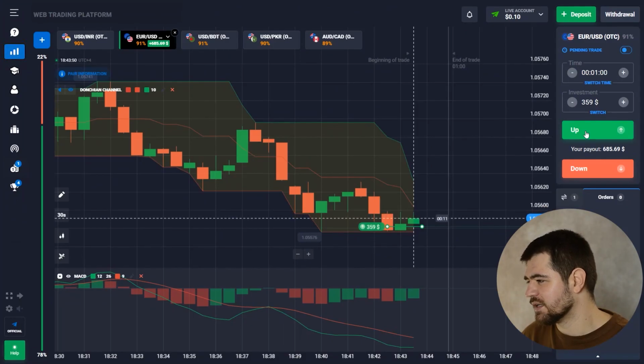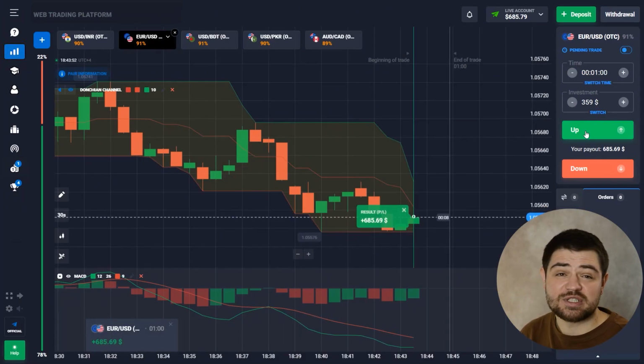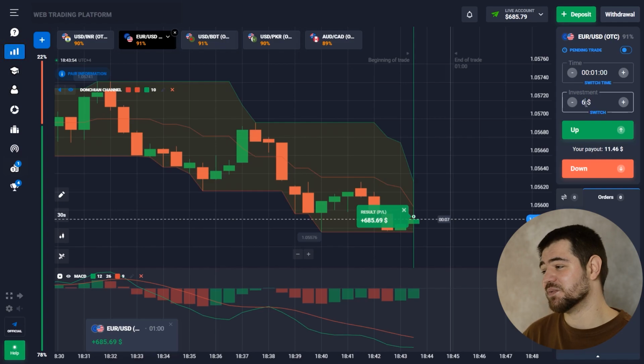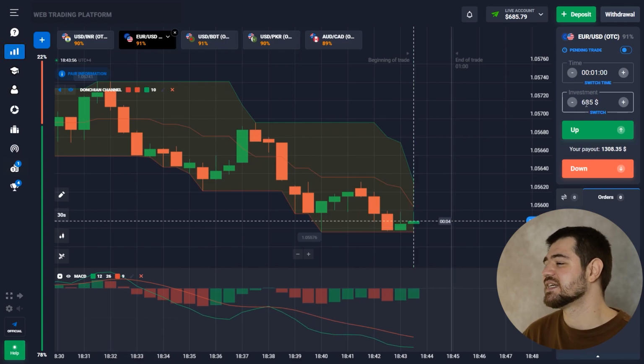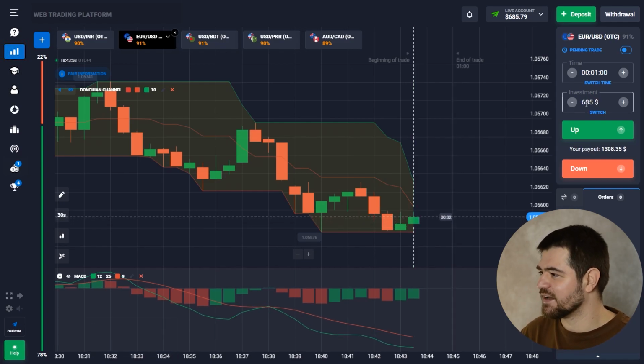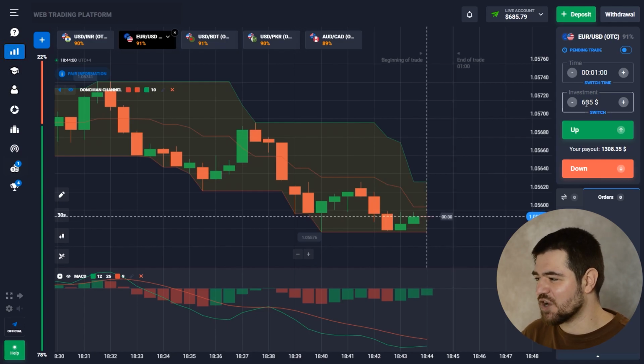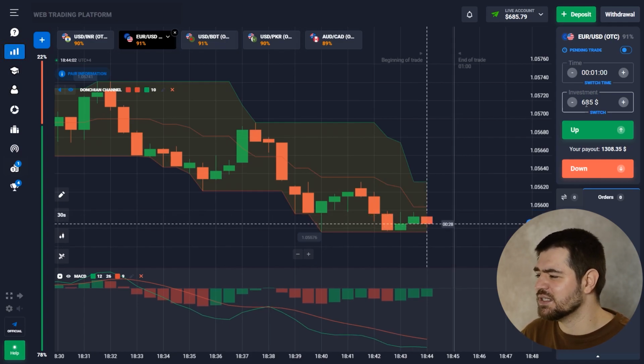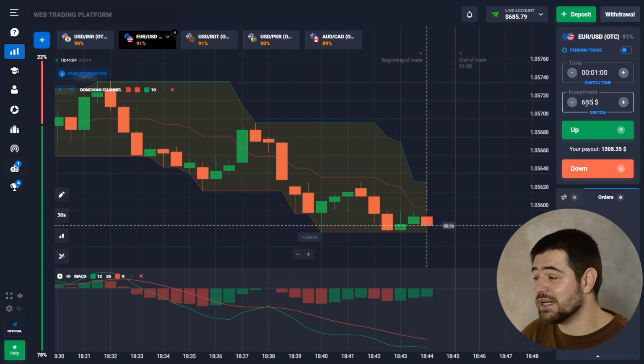Most likely after this. But we just had our profit, 685. We're gonna put for the next option. And see, this could have been a pullback. See, the red candle is there again.